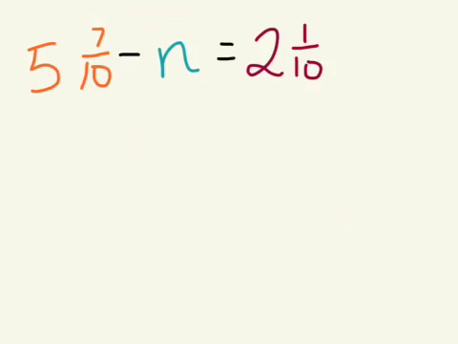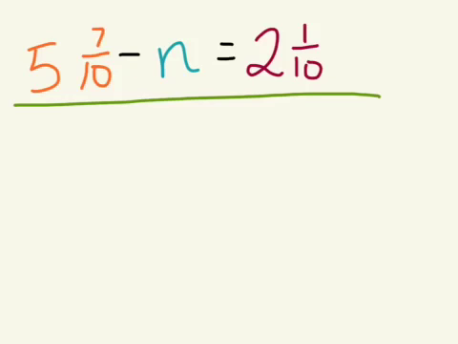What I really want you guys to get out of this lesson today is the whole idea of making an algebraic equation that reads from left to right, just like a sentence. Trey started with 5 7/10 oranges. He ate some or took some away and now has 2 1/10.